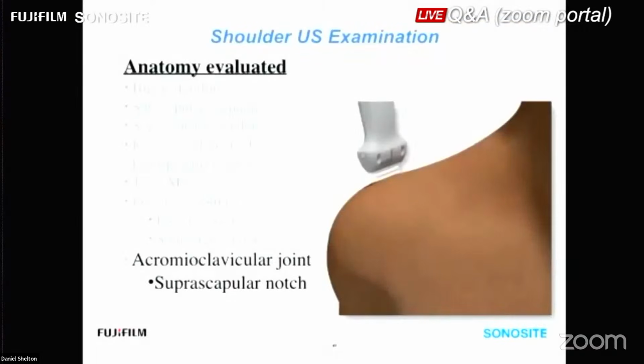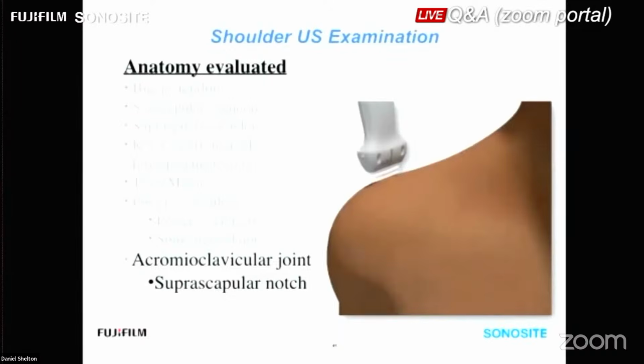So just to give you an idea of the journey we've been through here, we started on the anterior shoulder, worked our way down through the lateral structures, such as the main rotator cuff of the supraspinatus, infraspinatus and subscapularis, and their various insertional variants and what we look for. And then we went to the posterior shoulder for the infraspinatus and teres minor, and also looked at the labrum and spinoglenoid notch.